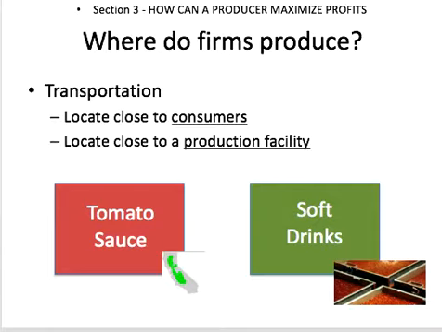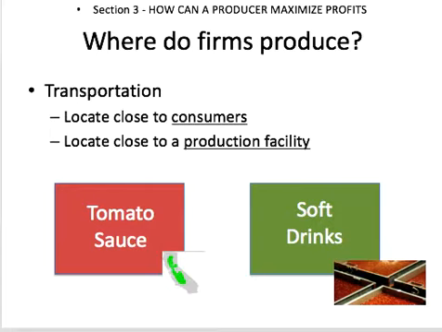And then even the location where the product is being produced has an impact. So if we were to look at two companies, a tomato sauce company and a soft drink company, and let's say the tomato sauce company is part of a company that creates pizzas.